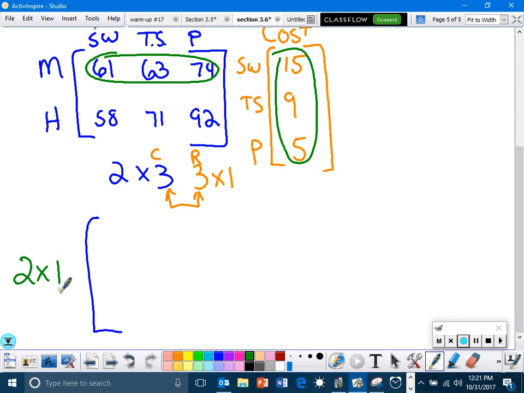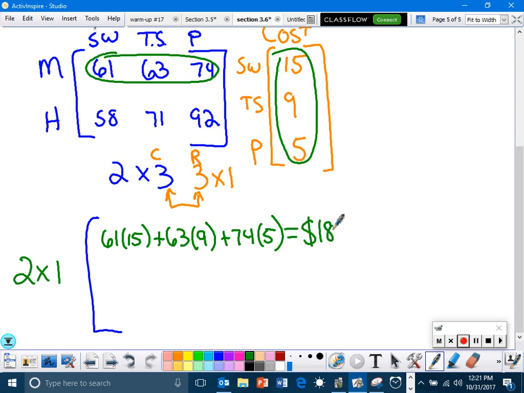All right, so here we go. So we're going to take 61 times 15 plus 63 times 9 plus 74 times 5. Okay, so that's going to give us $1,852.